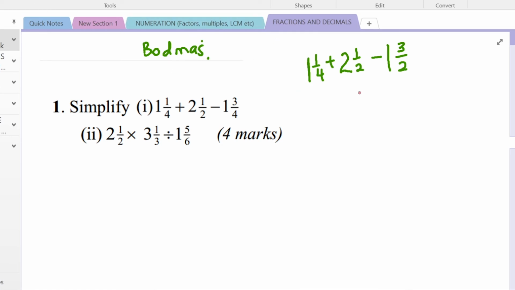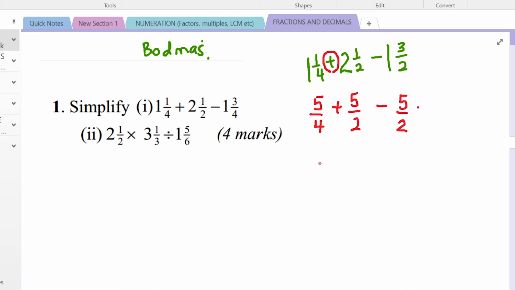So addition comes first, so we first have to add. So it becomes 5/4 plus 2 times 2 is 4 plus 1, 5/2, then minus. Of course, this is going to be 2 times 1 is 2, that is 5/2.